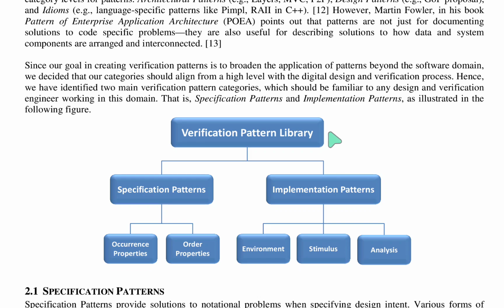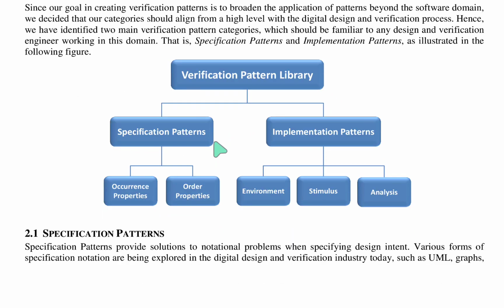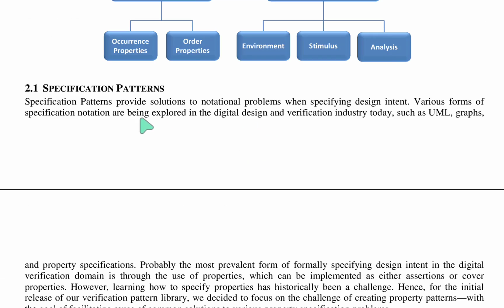The verification pattern library has specification patterns and implementation patterns, across properties, order properties, environment, stimulus, and analysis. 2.1 Specification patterns. Specification patterns provide a solution to notational problems when defining the design intent.